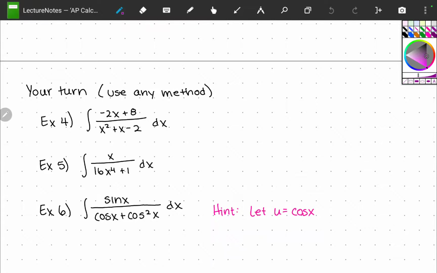So this is actually a problem we already learned how to do. It isn't as obvious though, but if you think about this formula here, this formula might be a little familiar to you. It should be. This was our arctan formula.